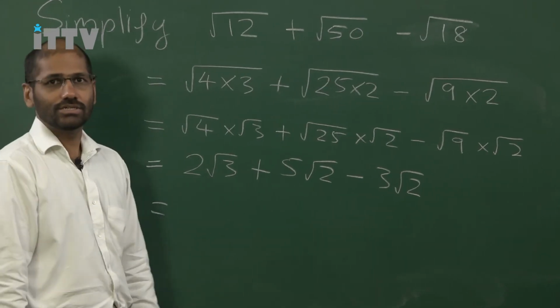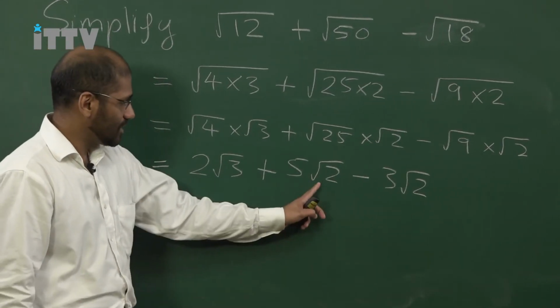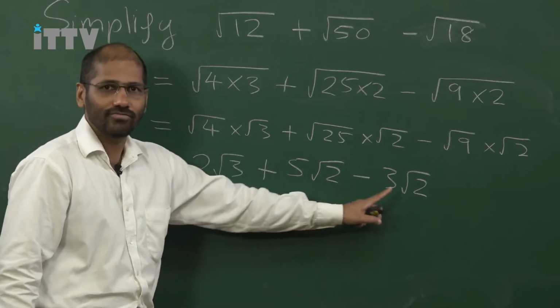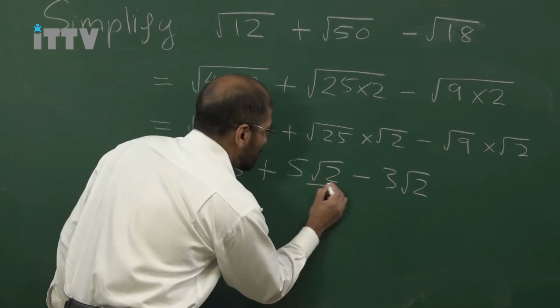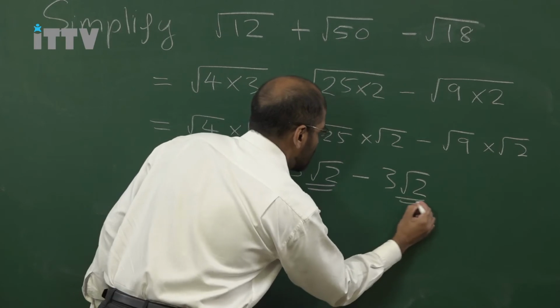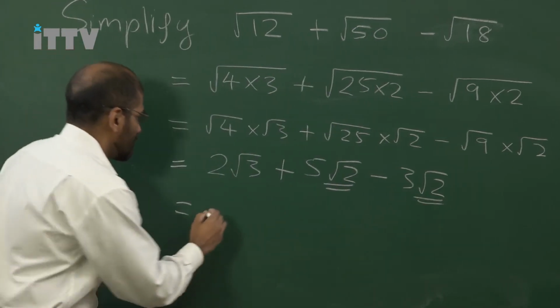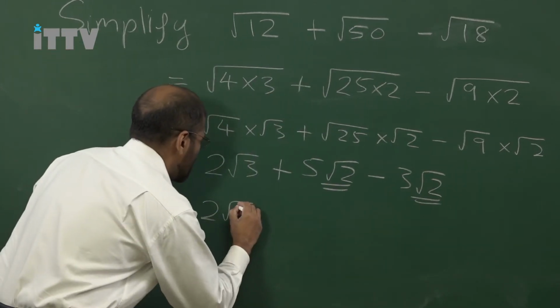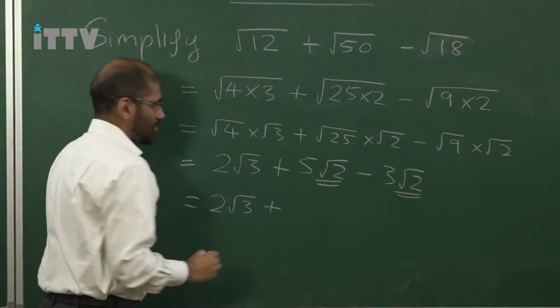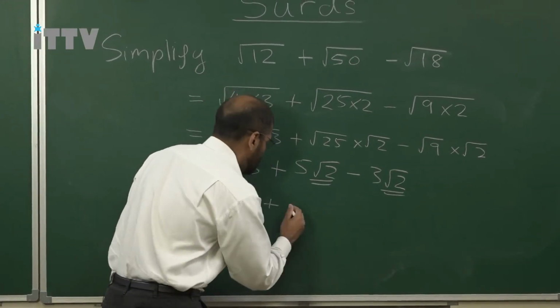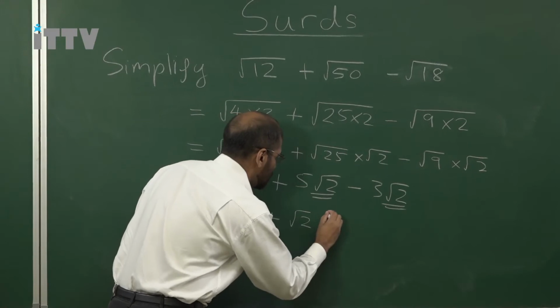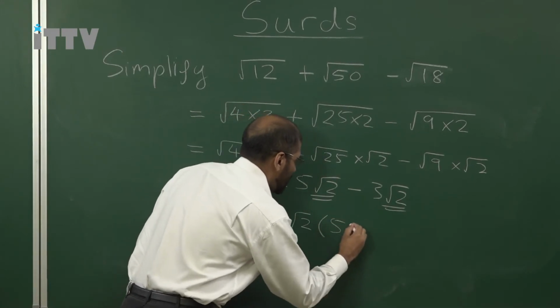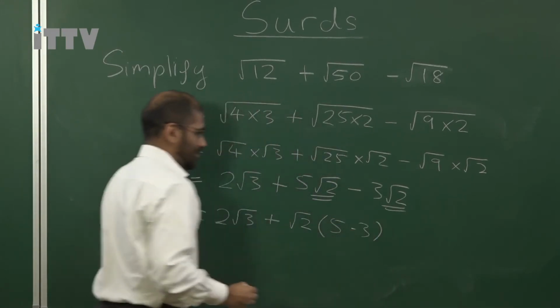It's important to observe over here that these two can simplify further because they have a common surd 2 over here. So this can be rewritten as 2 surd 3 plus, taking out the common term surd 2, we have 5 minus 3 in brackets.